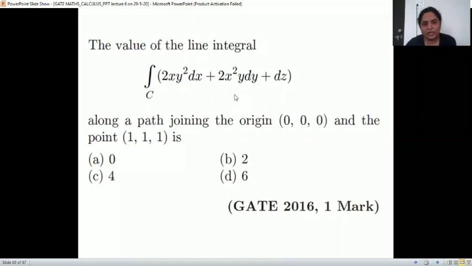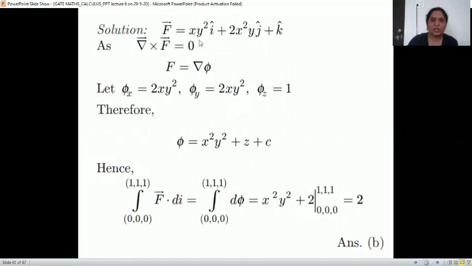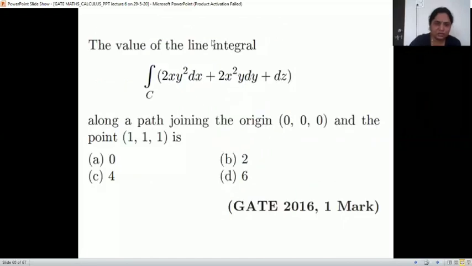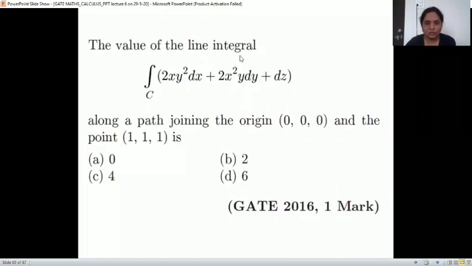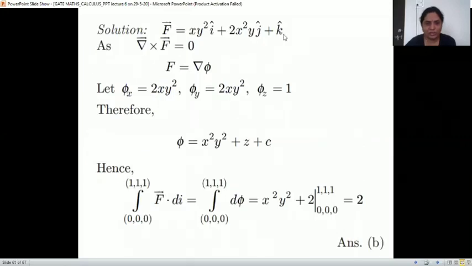This we are calling del dot f bar, as ijk is not there and they have removed it already. So what is the f bar here? It is 2xy square i bar plus 2x square y j bar plus k bar, right?